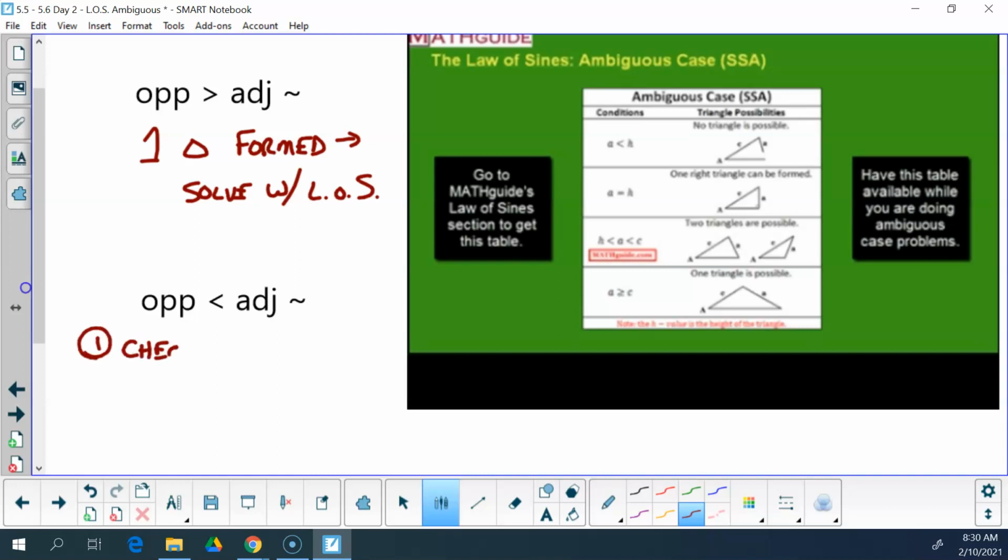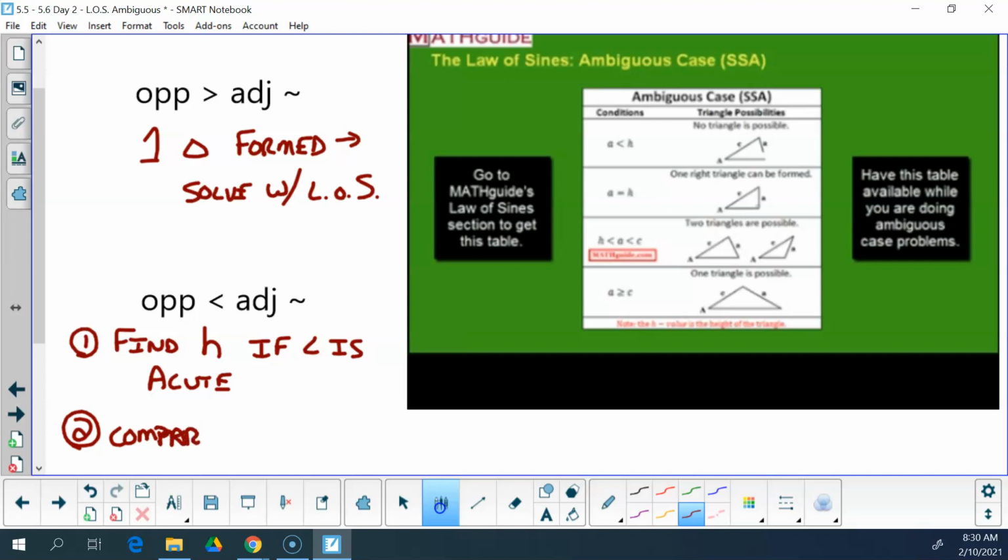If we're in the opposite way, where the adjacent side is bigger, what you're going to do first is find the height of the triangle. Then we're going to compare h to the opposite side.